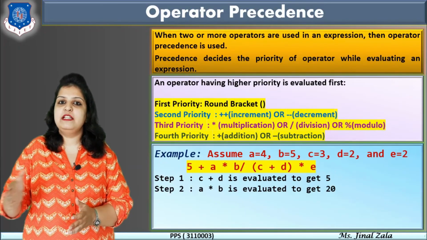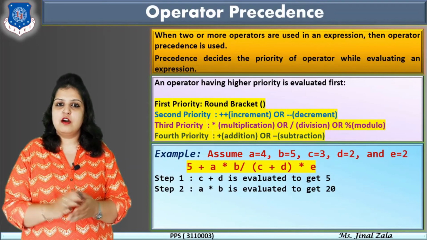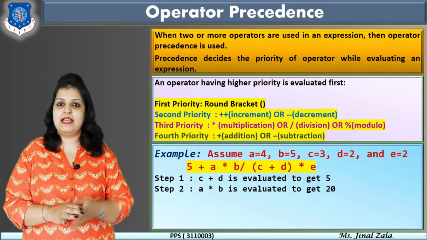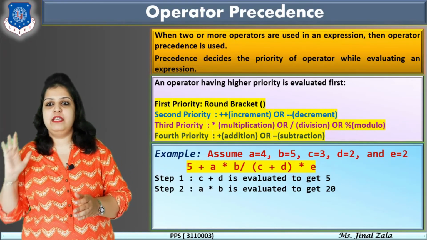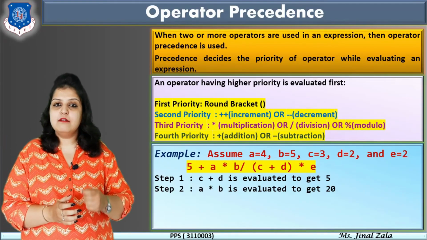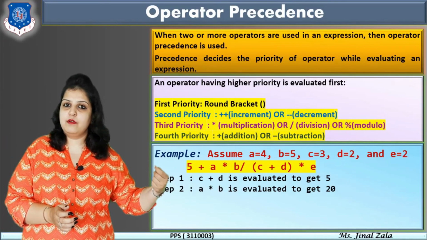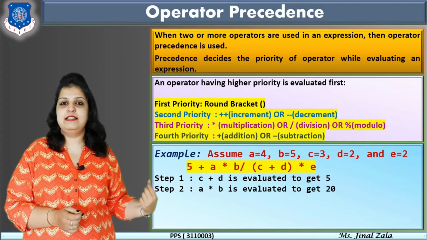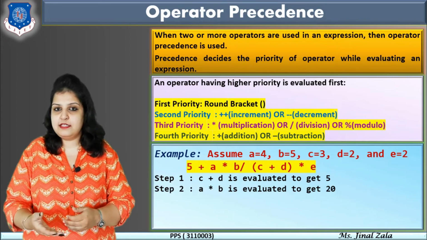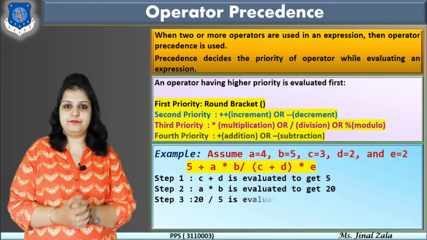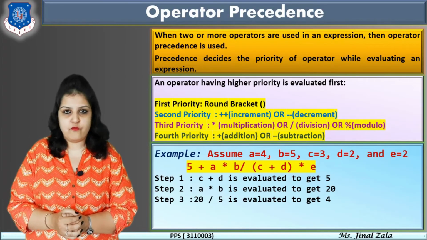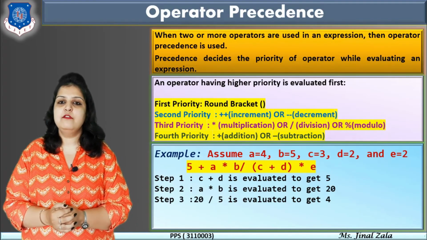Now what will be the next operation? Right now our expression is like 5 plus 20 divided by 5 into E, means 2. So now check left to right. The highest priority operator is division. So in the third step division will be performed and 20 divided by 5 is evaluated as 4. So our answer will be 4.